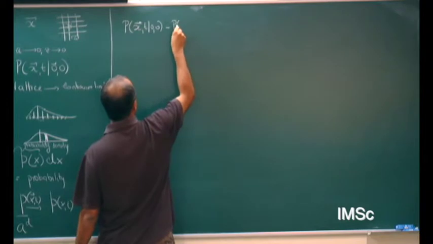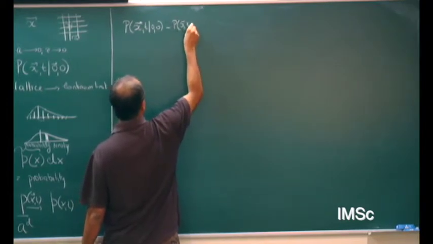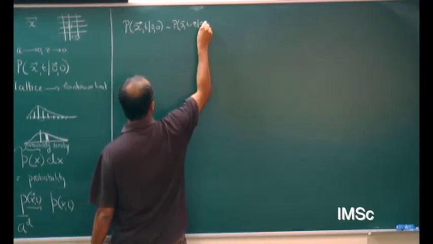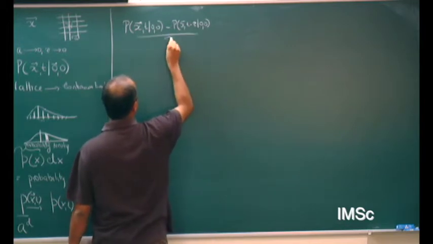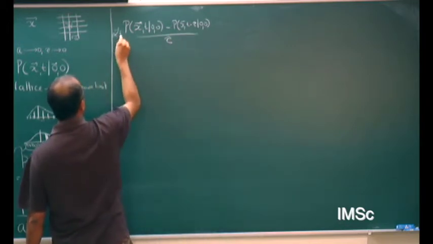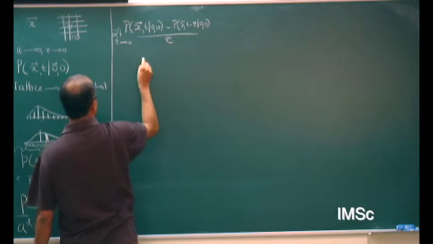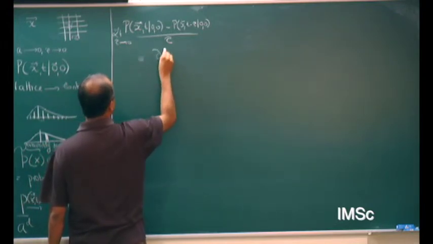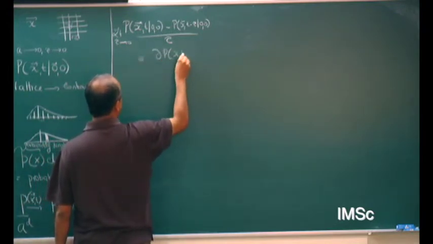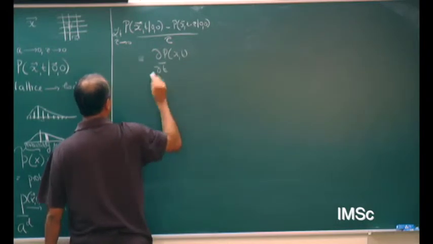We subtracted from this p of x, t minus tau given 0, 0. We divided by a small tau, and then we took the limit in which tau went to 0. And this we identified with delta p of x, t by delta t.